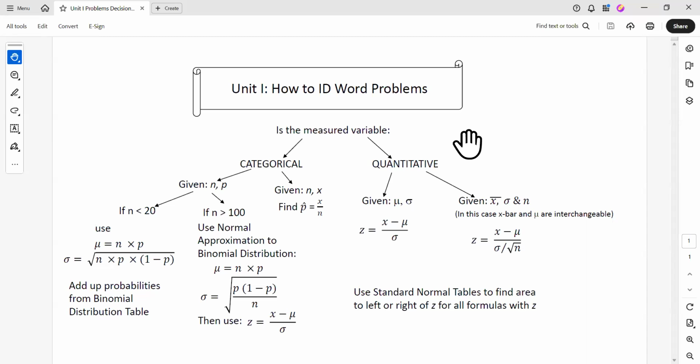If your sample size is small, you're going to use the binomial distribution table to find probabilities. If the sample size is large, over 100, you're going to use the normal approximation to the binomial distribution. So you'll need to calculate the mean and standard deviation of your normal approximation, and then you can use the z equation.